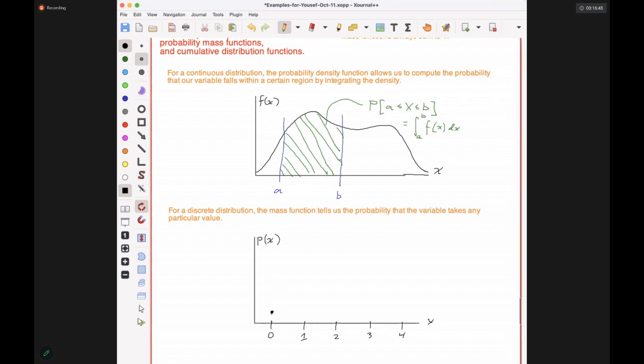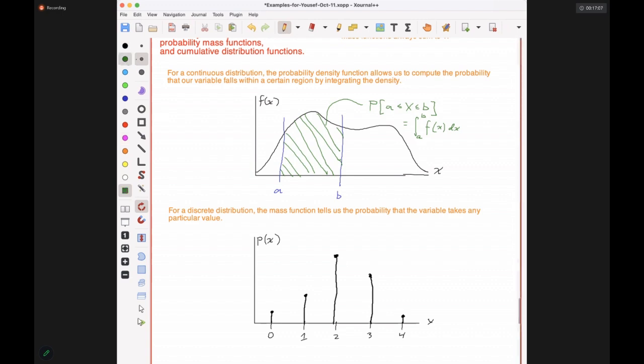Then my mass function might look something like this. And I said that all of these values have to add up to 1.